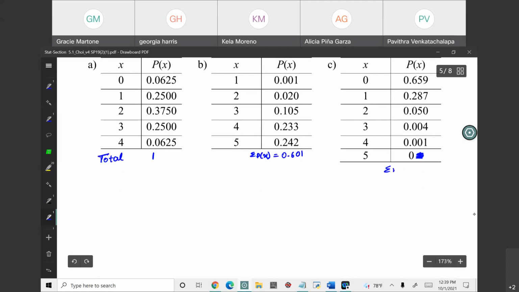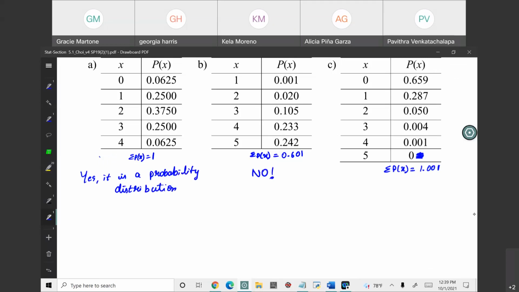Correct. So I can easily say that the first one, this question A, is yes. It is a probability distribution. And the second one is definitely no.